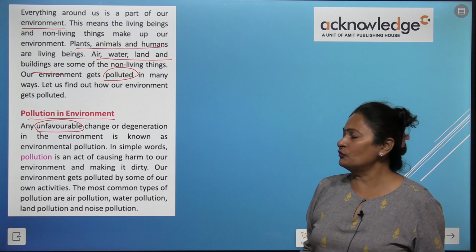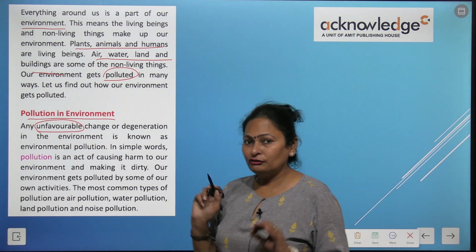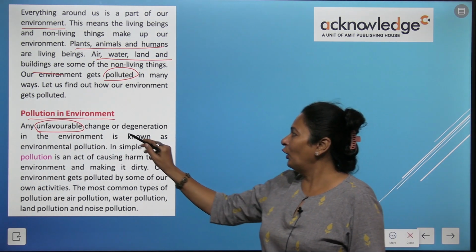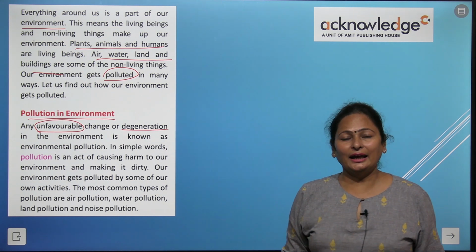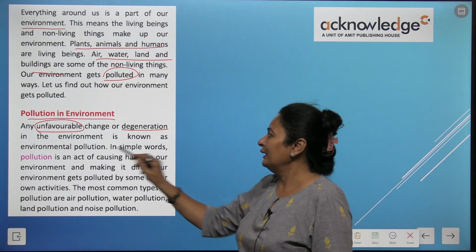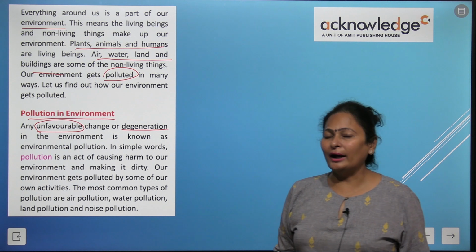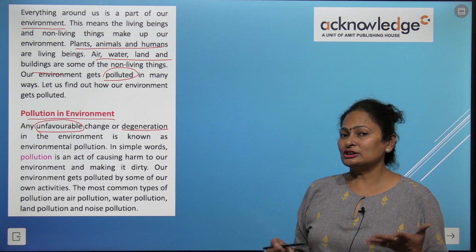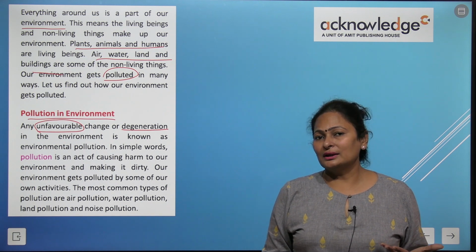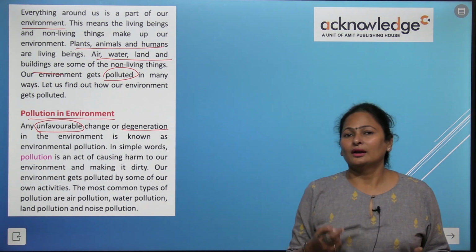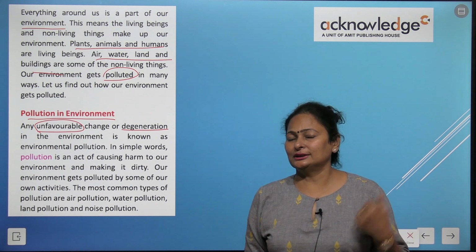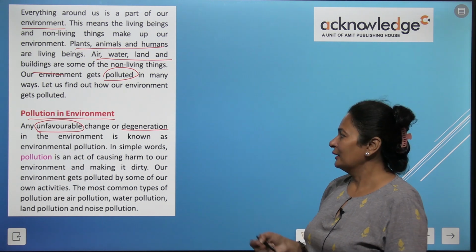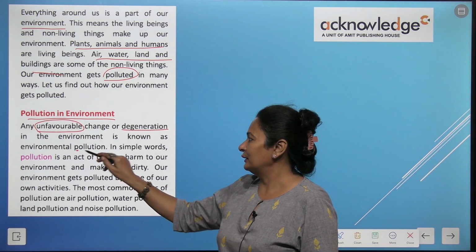It is harmful. Any unfavorable change or degeneration in the environment is known as environmental pollution. Any change which is not useful for us, rather it is harmful, is called pollution, right?